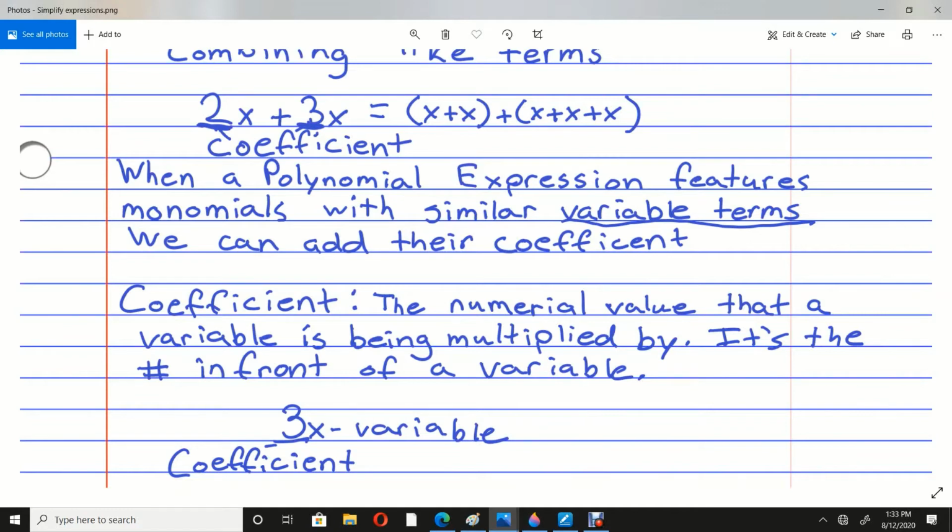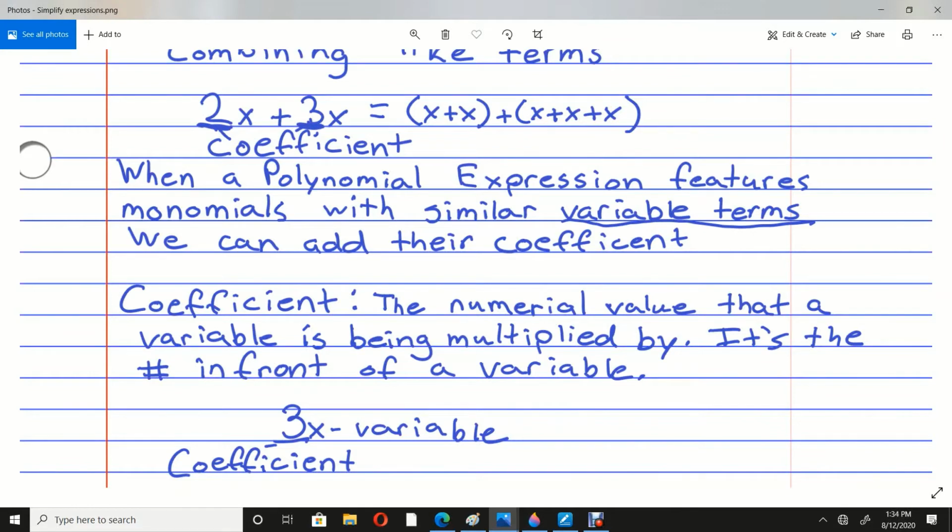When a polynomial expression features monomials with similar variable terms, we can add their coefficients. So, in this case, we have 2x plus 3x. Well, what is their variable? Both of these monomials have a variable x, just x. So that means that they are like terms. They have common variables behind them.